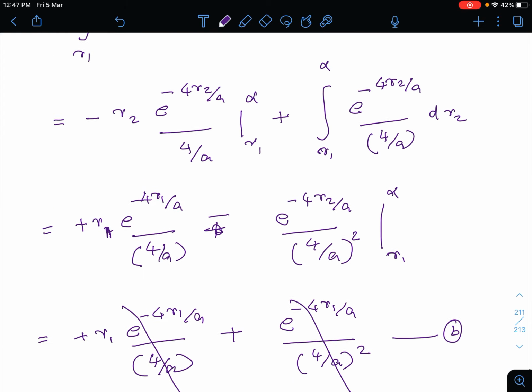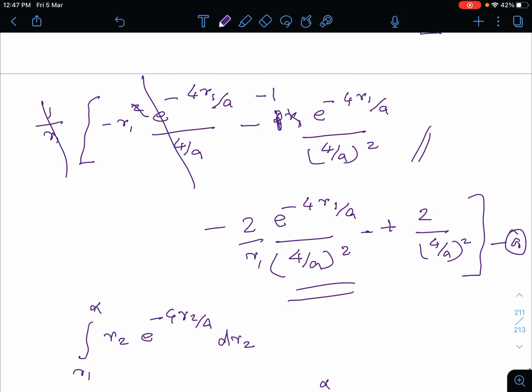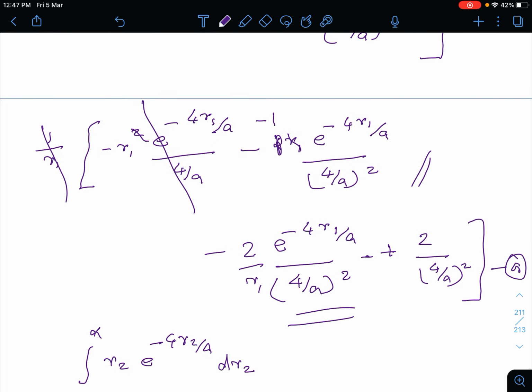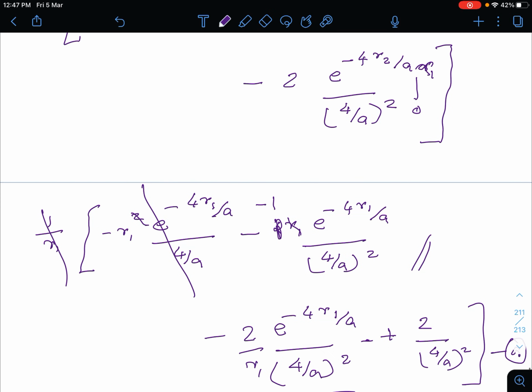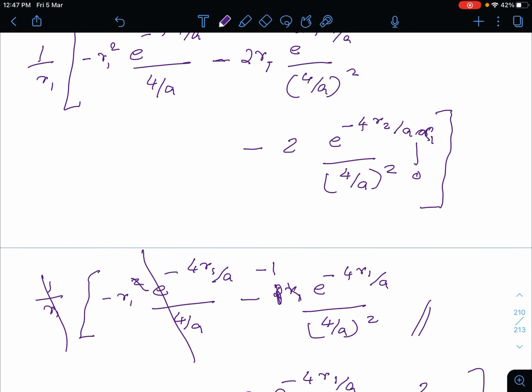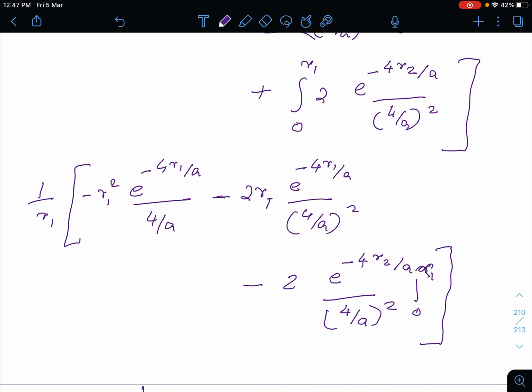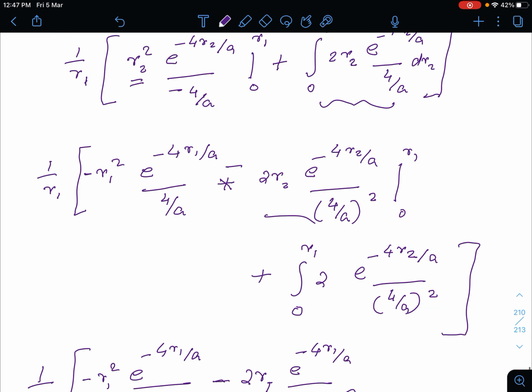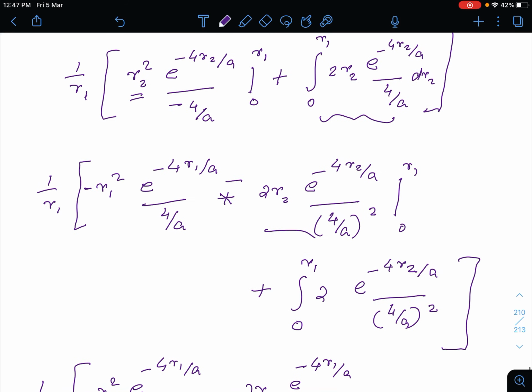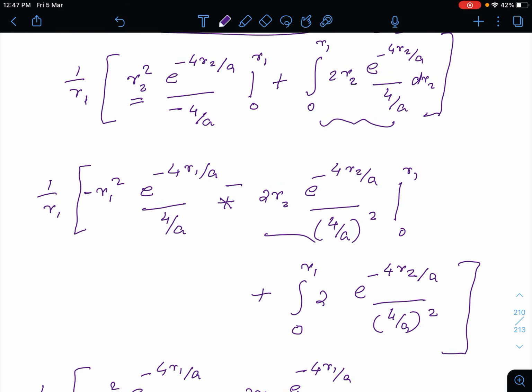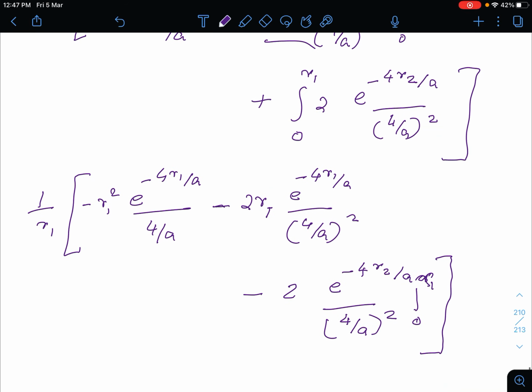No, something is wrong. This should not be 4 by A whole square. So I made a mistake. Let me check please. The last term, oh sorry, this is a mistake.